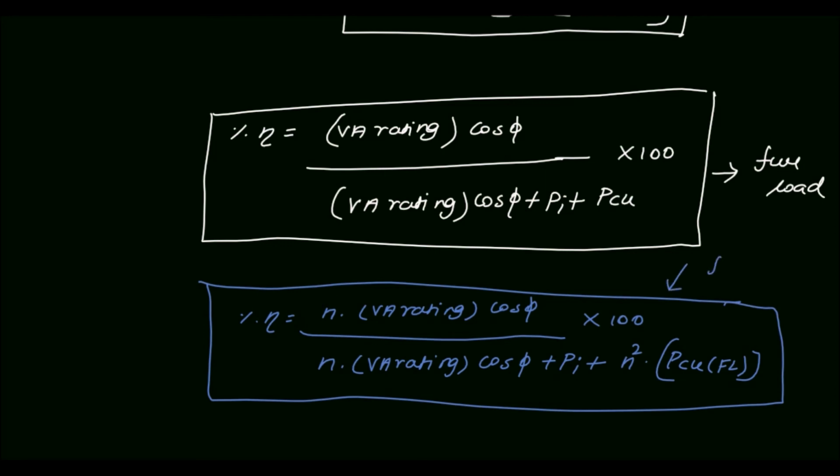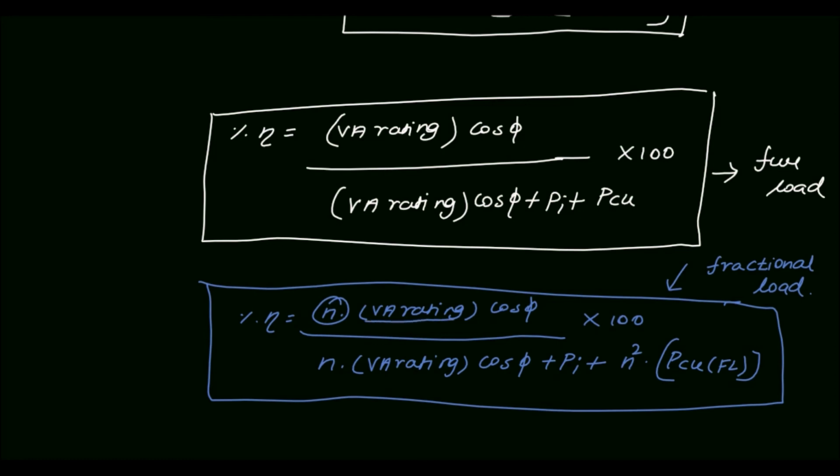Use this expression for fractional load, like 1/4 of the load, half load, or 60% of the load. In this, n is the fraction by which the load is less than the full load, which is n equal to actual load by full load.